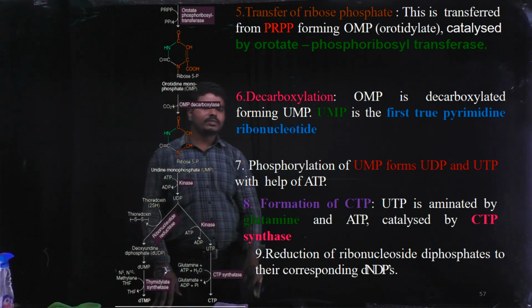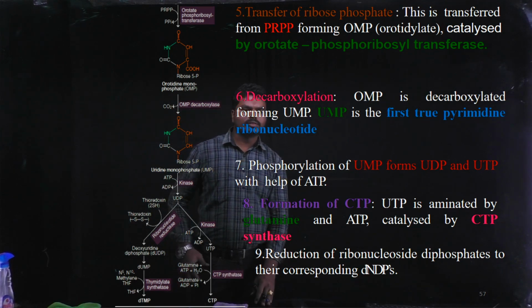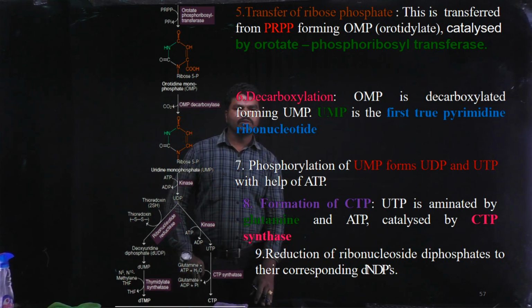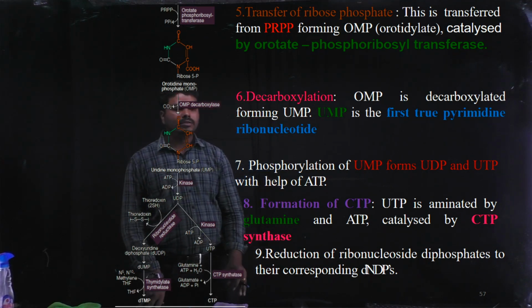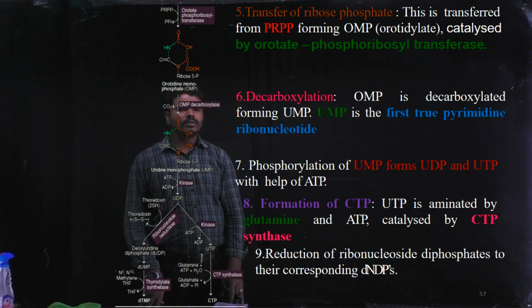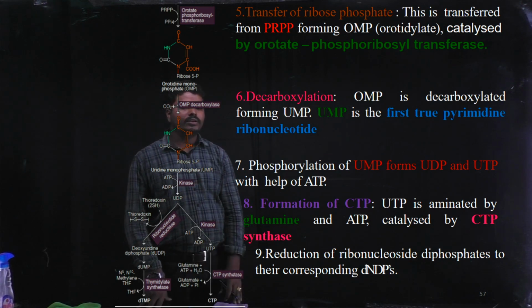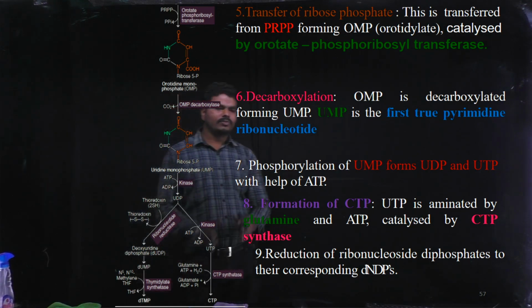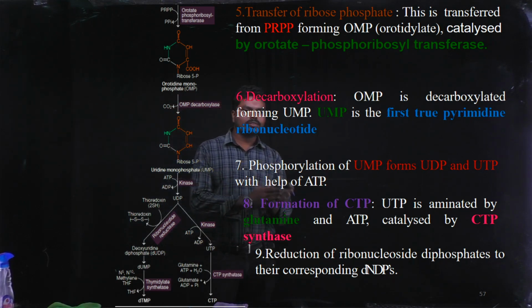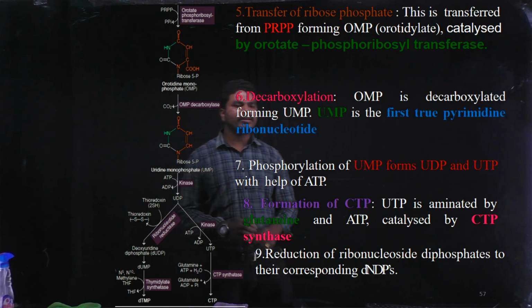And then it is subjected to the reduction of ribonucleoside diphosphates to their corresponding deoxyribonucleoside diphosphates. So when the ribonucleoside diphosphate is subjected to reduction, they can form the deoxyribonucleotide diphosphates.